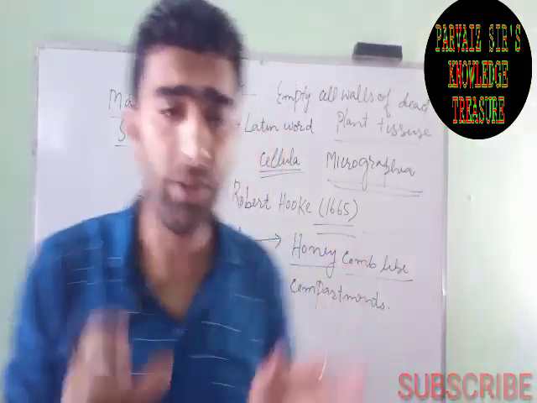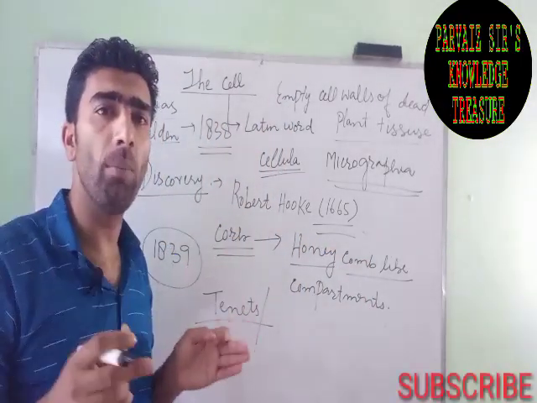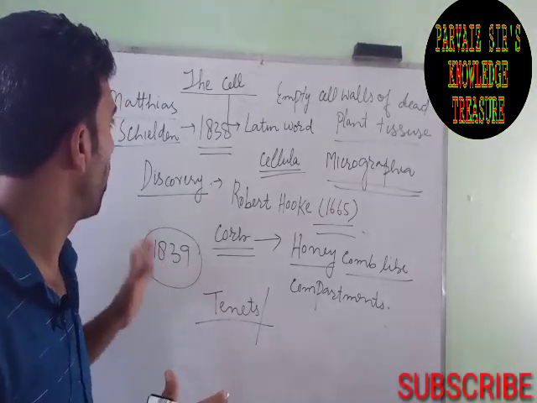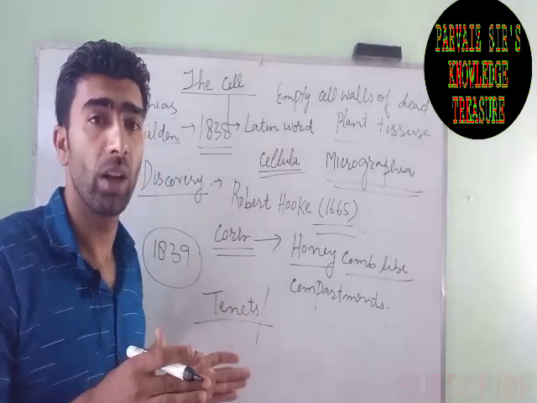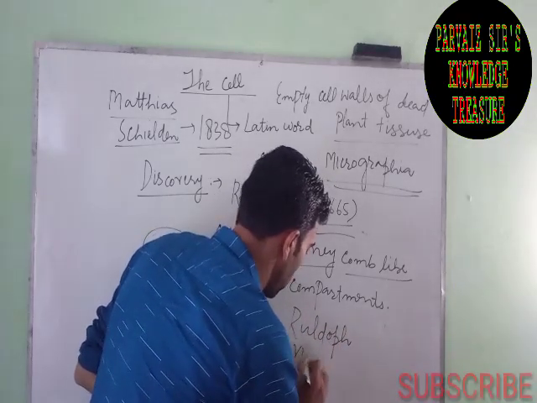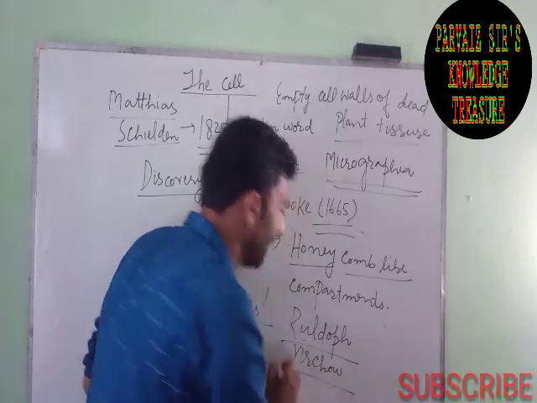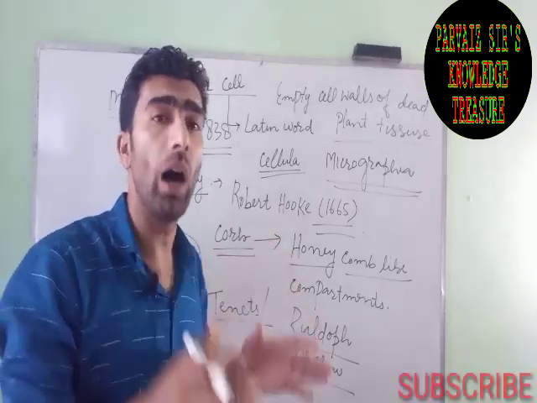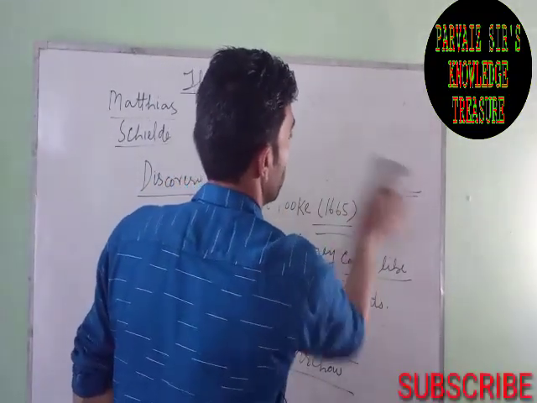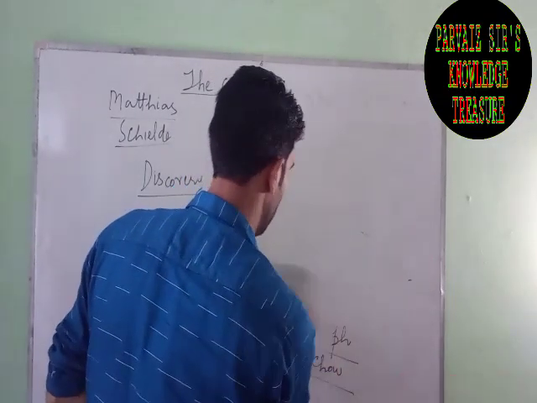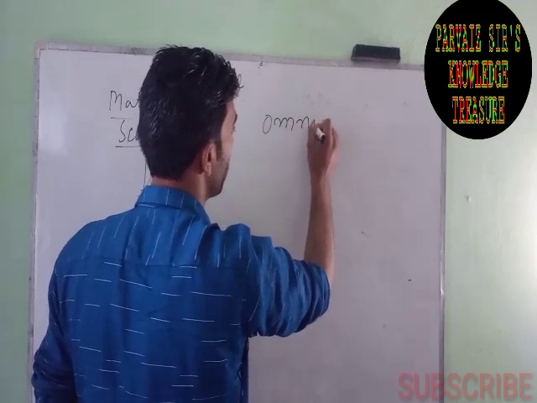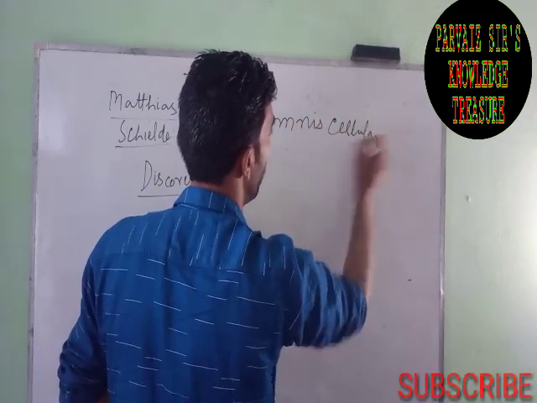However, these two scientists believed that cells can arise from non-cellular materials. But a few years after this theory was formulated, another scientist, Rudolf Virchow, proposed omnis cellula e cellula.